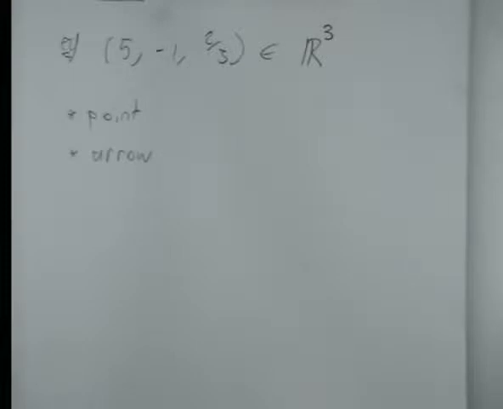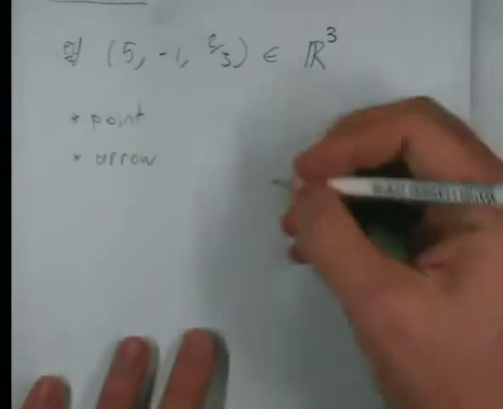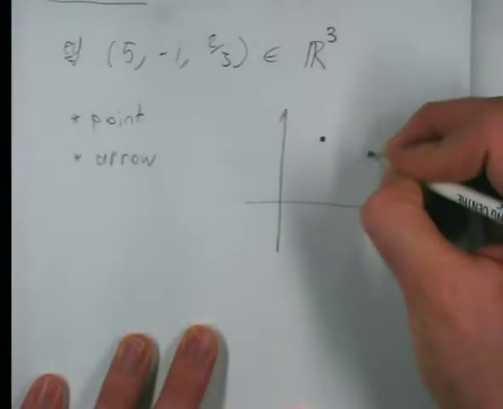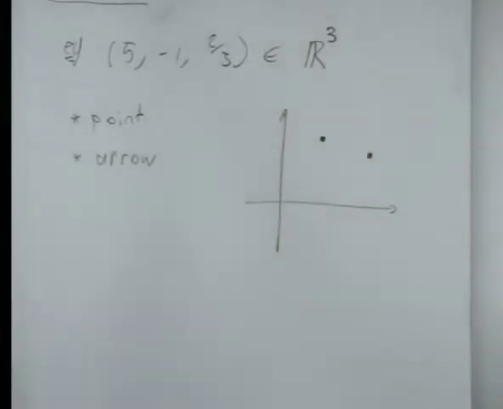In fact, it becomes an arrow when we want to do things to it, like adding and multiplying by stuff. Okay. So just as a picture, if I talk about this point and this point in R2, then if I want to add them together as objects, then I have to think about them as arrows.